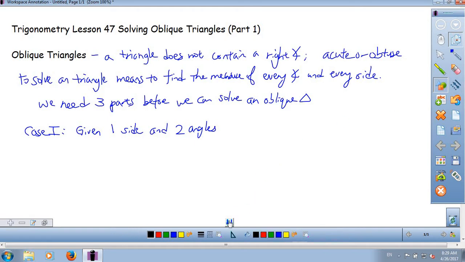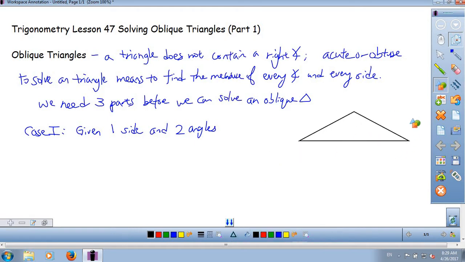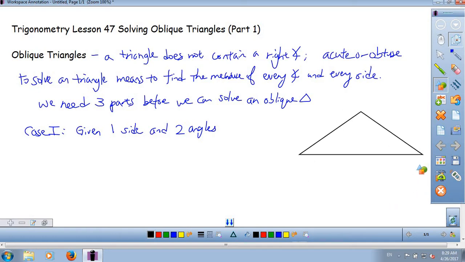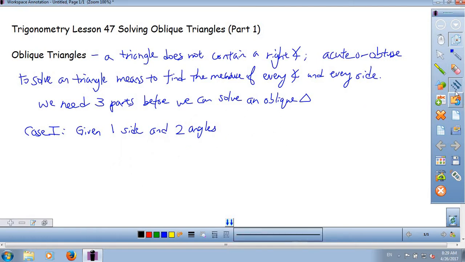Alright, so let me go ahead and show you, for example. I'm just going to draw a triangle a little bit differently here.